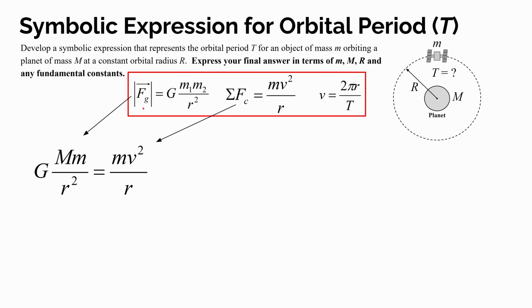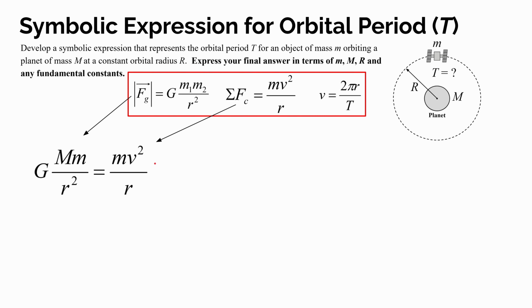It's really just the gravitational attraction that the planet has on that object. So we're going to plug in big G times mass 1 times mass 2 divided by the separation distance squared. And mass 1 we'll just say is capital M, that's the mass of the planet, that's the first object. The second object is the satellite, so we're going to use small m for that. And so we get big G times big M times little m divided by r squared is equal to little m times v squared over r.